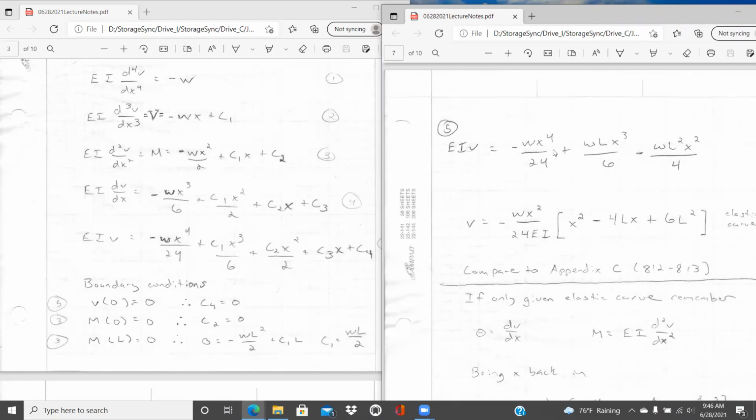And so same thing, always remember you have that dangling EI out there that you have to divide through by. And so your displacement, your elastic curve will be minus WX squared over 24 EI times the quantity X squared minus 4LX plus 6L squared.